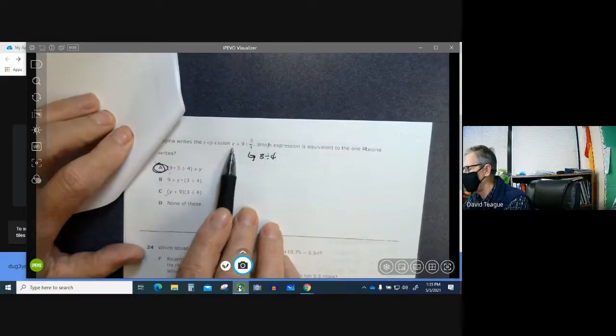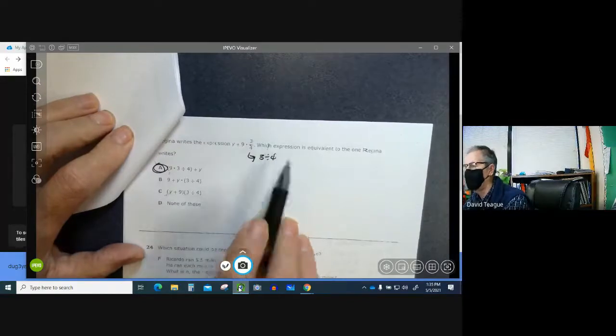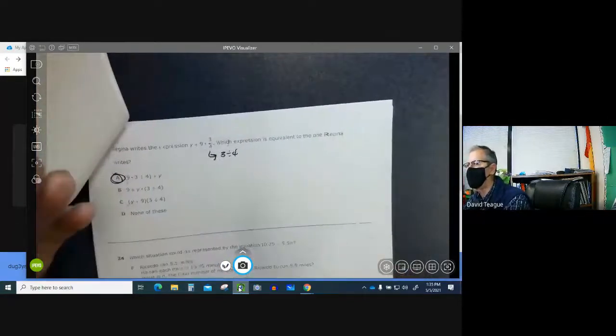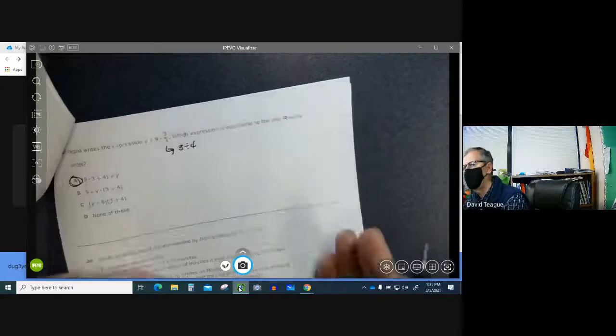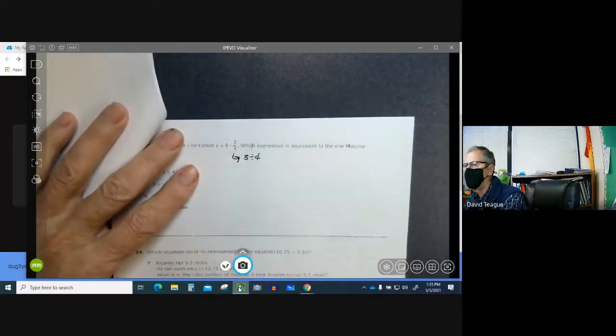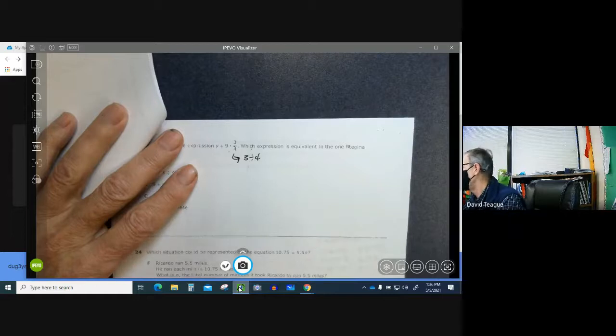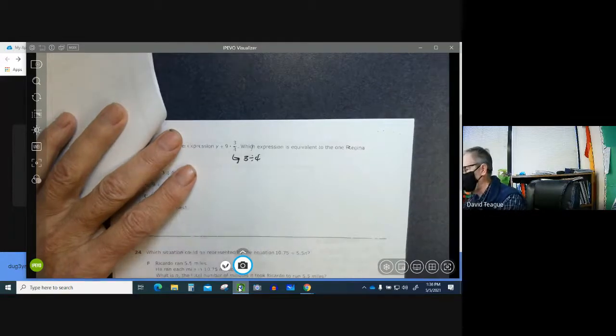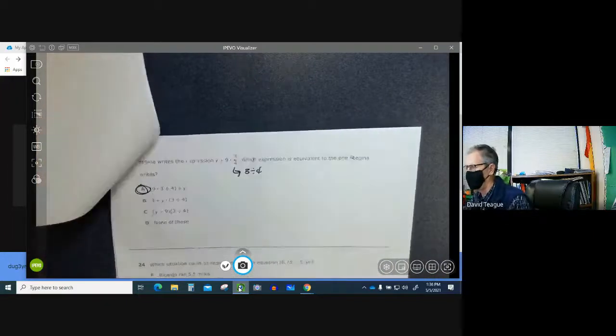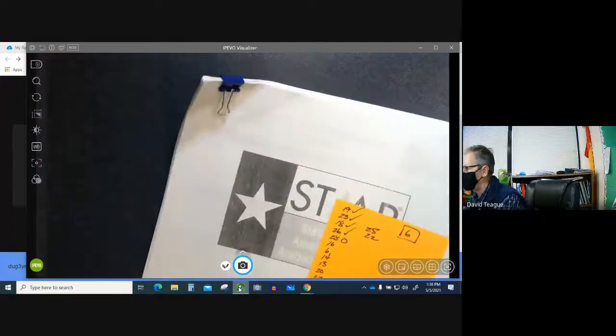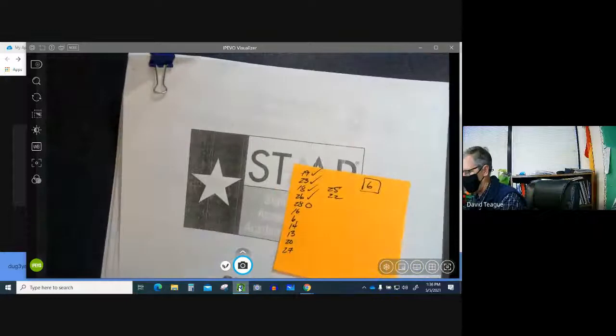And then they took the y and put it on the other side. So the commutative property, right? You can add 1, 2, 3, 4, or you can add 4, 3, 2, 1. It all comes the same thing. It's commutative. You can move those things around. That's what they were testing there. So that's 23. 18.